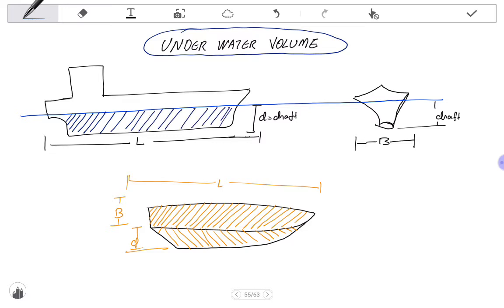If we imagine or visualize only the volume below the water line, it will almost look like this. So the volume below the water level is called underwater volume. At any particular draft, the underwater volume will be different.